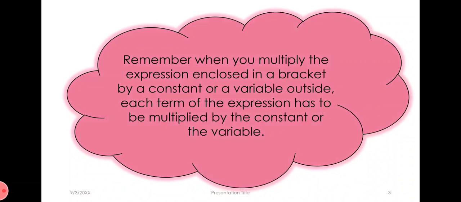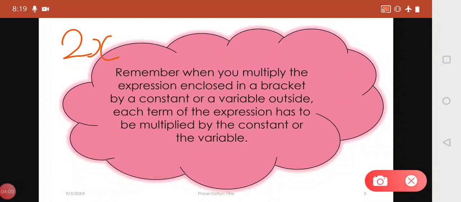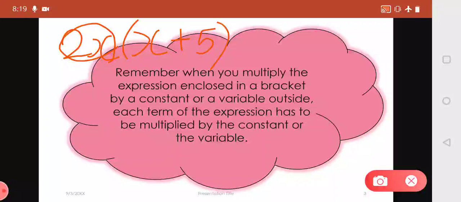Next point, remember when you multiply the expression enclosed in a bracket by a constant or a variable outside, each term of the expression has to be multiplied by the constant or the variable. Here also, let's take an example, 2x into (x plus 5). You can see that 2x is outside the bracket and x plus 5 is inside the bracket.